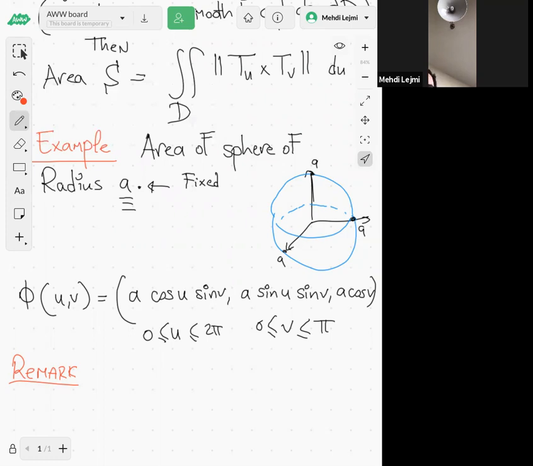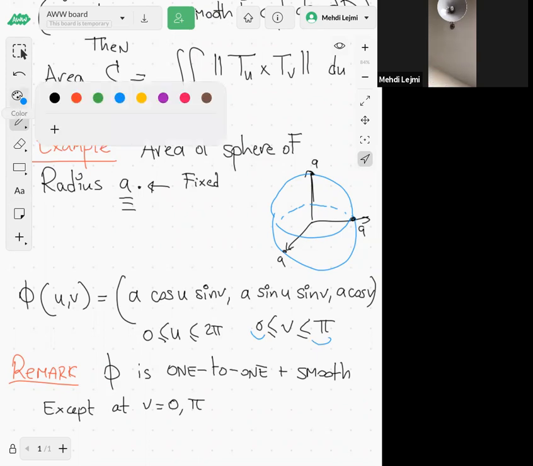So this phi is one-to-one and smooth, except at v equals 0 and pi, which are the endpoints of my interval. So that's okay here. Okay, so we want to compute the area.